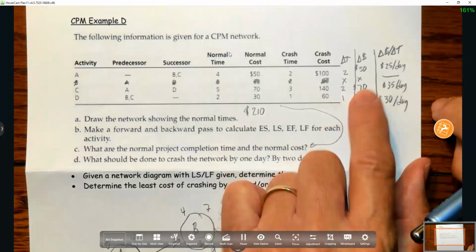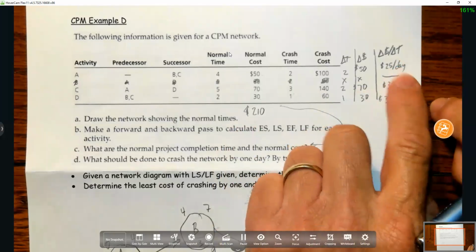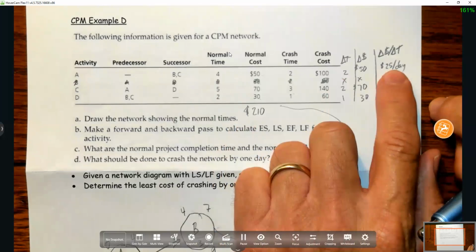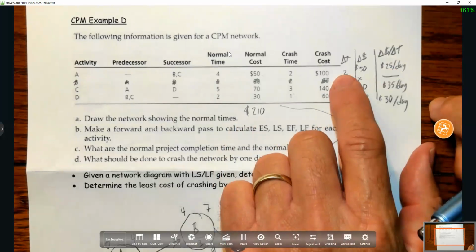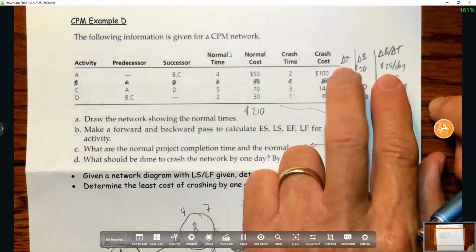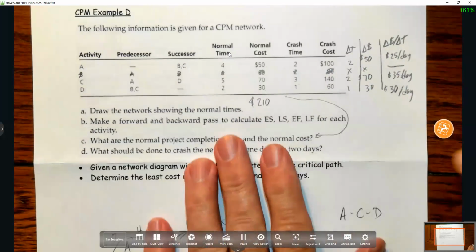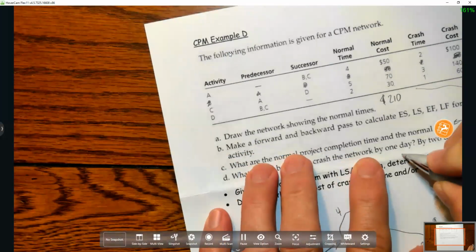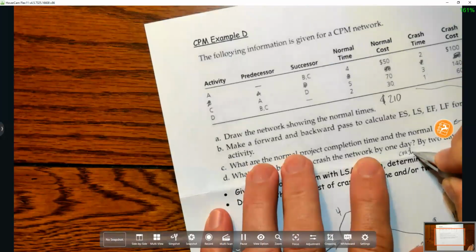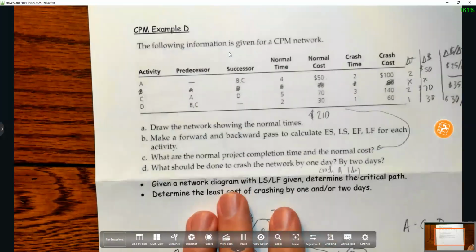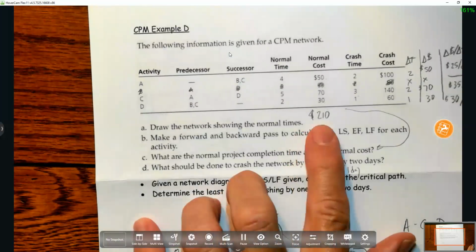But since our best answer is this one in the actual example, I can focus on both days using just A, okay? Because it's still the cheapest. So what I do is it says, what should be done to crash the network by one day? You would say crash A one day. Again, it's going to cost you $25 more than the $210.